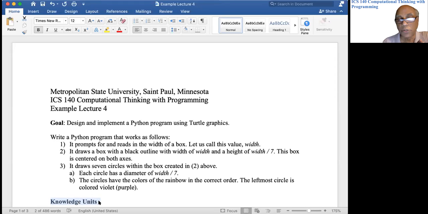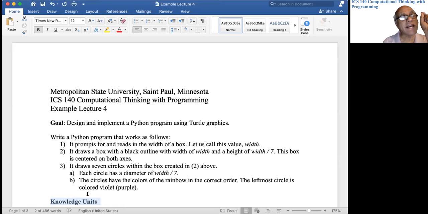Now, there are 3 things you should discuss in your group. First thing is, what are the knowledge units you need to have? I mean, knowledge with respect to general aspects. There are some general things that you can see here, for example, with respect to a rainbow.